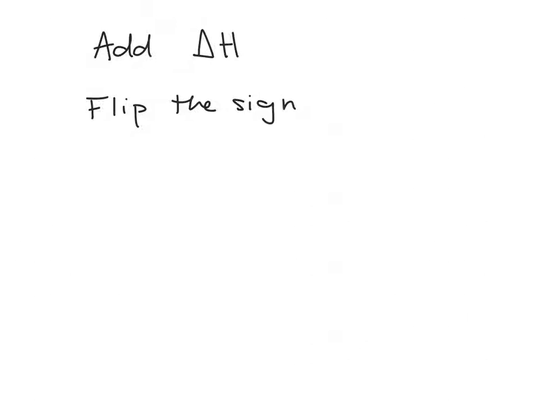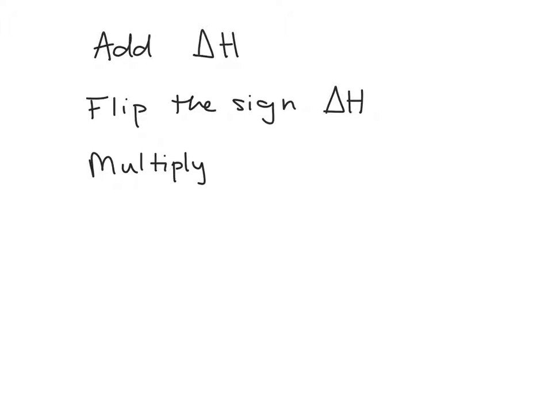As we've seen in our examples, we can add delta H values if we're adding reactions. We can also flip the sign of delta H if we flip around a reaction. But the last thing that I want you to know that you can do is you can also multiply by an integer or a fraction.